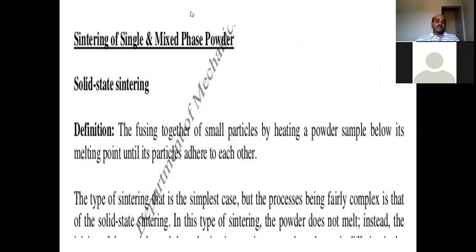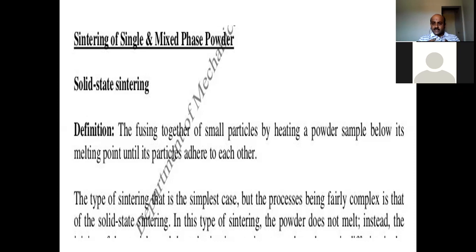So here, what is happening? In solid state sintering, the small particles of powder sample are heated below the melting point, and the particles fuse until they adhere to each other.